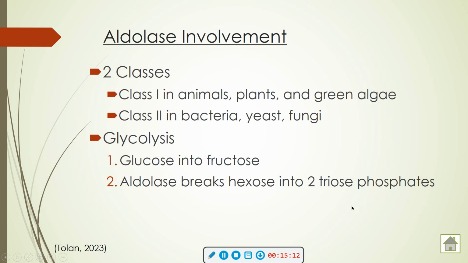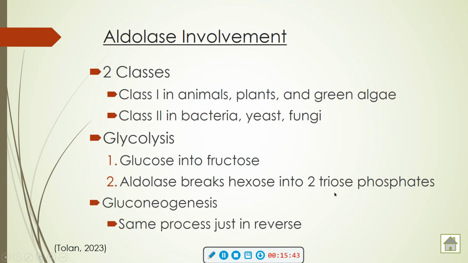I'm getting ready to say what those phosphates are, but if you want to know them ahead of time, it is G3P as well as DHAP. But again, you'll be able to see a visual on the next slide. The enzyme is what allows that breakup, what allows the glucose to turn into those 2 triose phosphates.